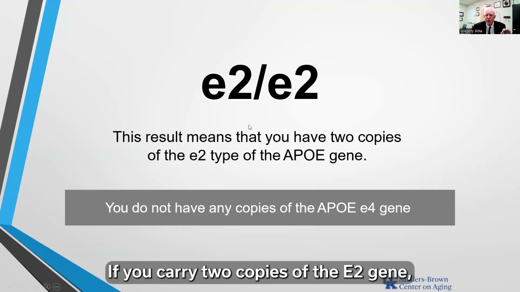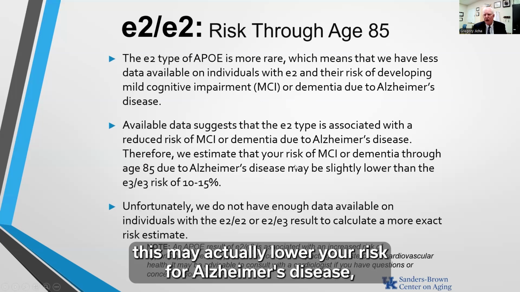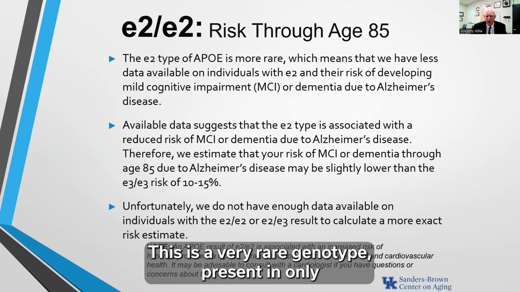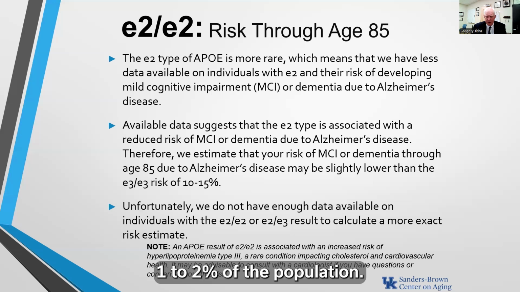If you carry two copies of the E2 gene, this may actually lower your risk for Alzheimer's disease, but could change your risks for other disorders as well. This is a very rare genotype present in only 1 to 2% of the population.